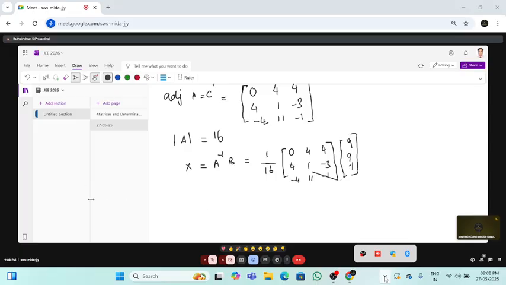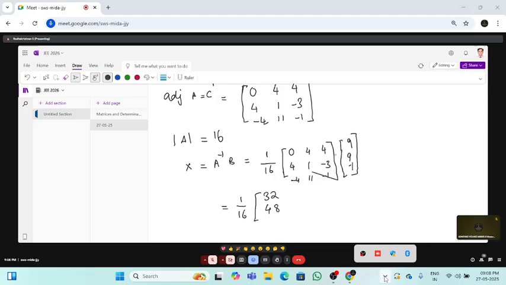Okay. So that is going to give you 1 by 16 into, first row: 0 into 9, 0, 4 into 9, 36, 4 into minus 1, minus 4. So 36 minus 4, 32. Second row into this B: 4 into 9, 36, plus 1 into 9, 9, 36 plus 9, 45, minus 3 into minus 1, 3, so 45 plus 3, 48.